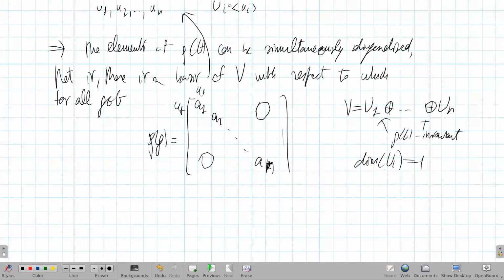So you save space. And so I have written an arbitrary representation as a direct sum of representations of dimension 1. We'll resume this tomorrow morning and discuss the general case, which is much more complicated. Okay, that's it. Thanks. See you tomorrow.